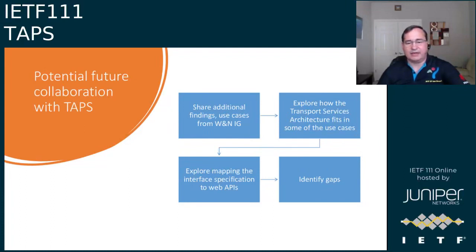In a very generic way, but I think it will be useful to start doing some mappings with what TAPS has done, some of the use cases that have been shared in the Web and Networks Interest Group, and see how they fit, and potentially either raise some other use cases, or if there are any specific things that we haven't addressed, then come back to the TAPS group with either more clarifications or questions, or potentially extensions.